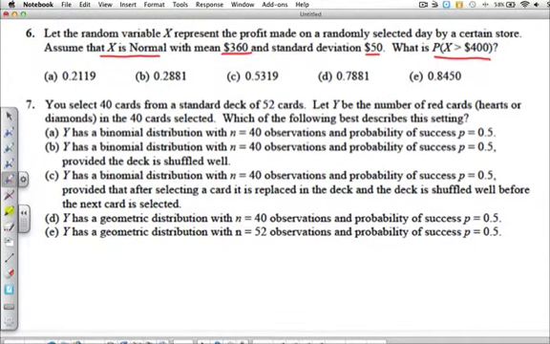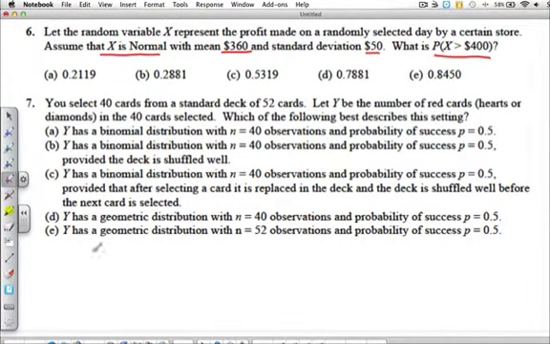So, if x is normal with a mean of 360, we're going to draw a normal curve, and the mean is 360. The standard deviation is 50. What's the probability that x is greater than 400? Well, 400 is only 40 more than 360, so it's a little bit less than one standard deviation above.